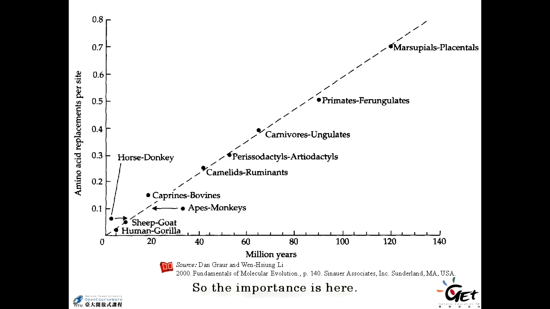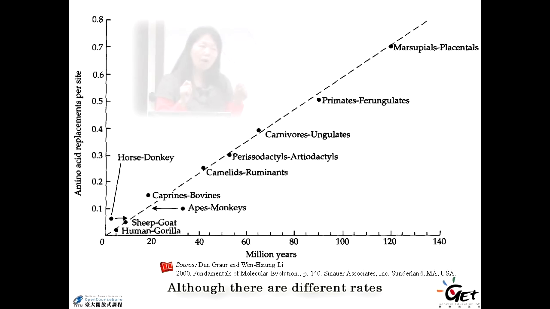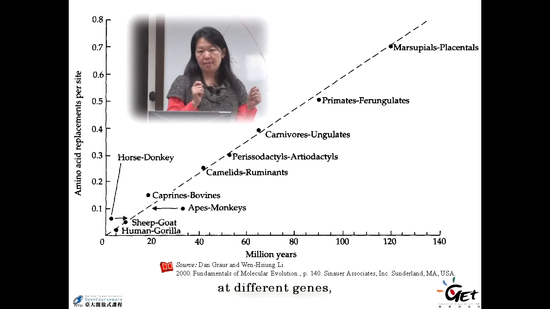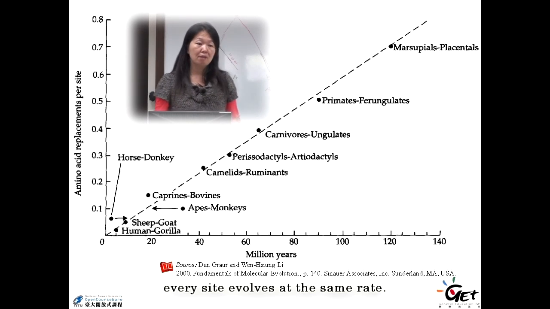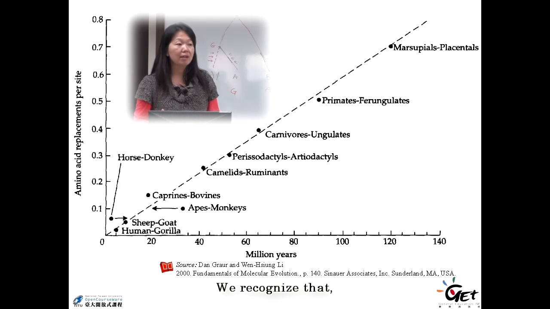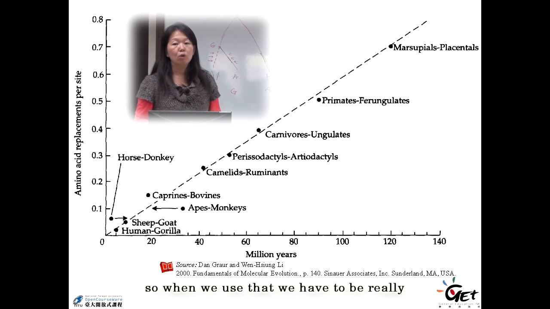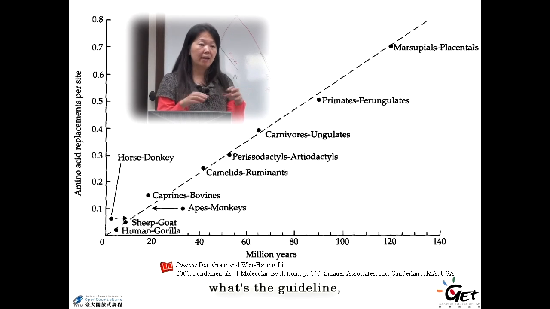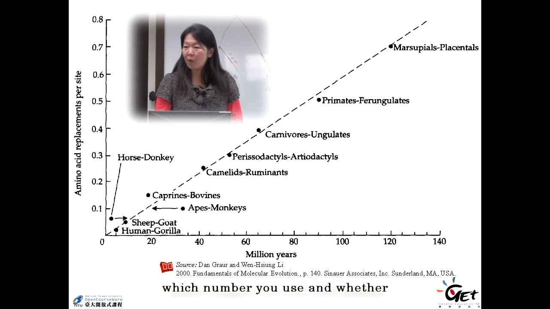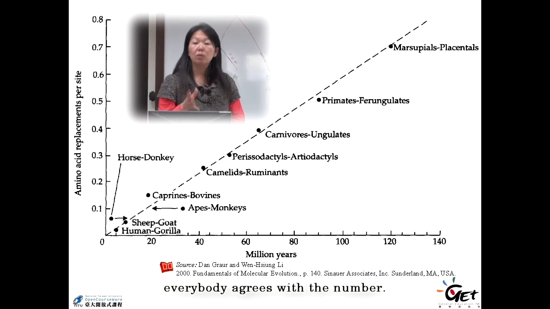Although there are different rates at different genes, and not every site in the genome evolves at the same rate, we recognize that. So when we use this, we have to be really careful about the assumptions, the guideline, which number we use, and whether everybody agrees with the number.